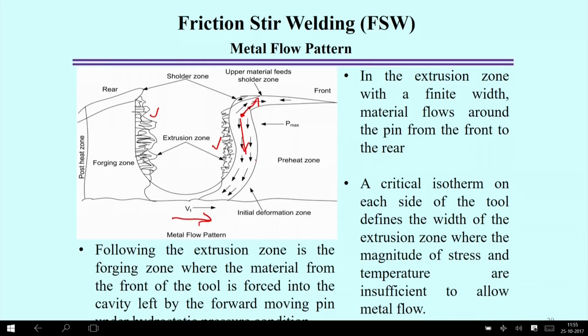Then the critical isotherm on each side of the tool: when you try some modeling approach, we can define mathematically the critical isotherm on each side of the tool, which defines the width of the extrusion zone. So, the extrusion zone can also be mathematically defined by looking into the isotherm, and the magnitude of the stress and temperature are insufficient to allow the metal flow.